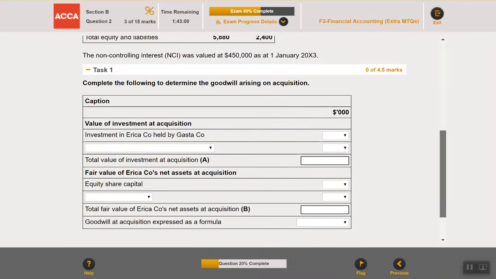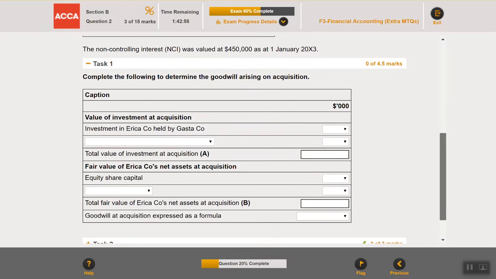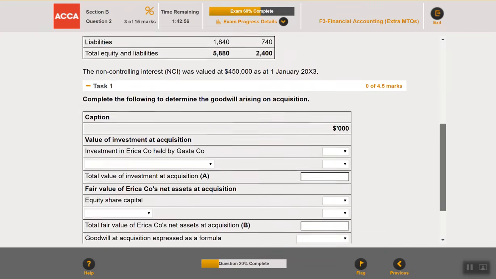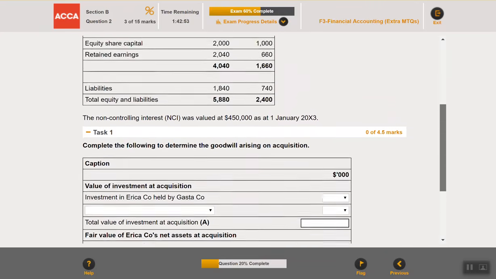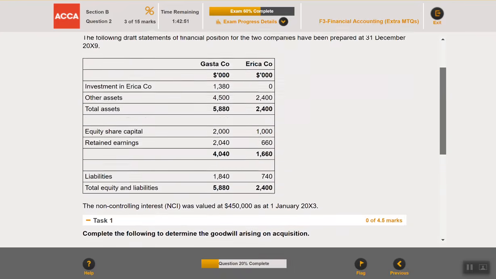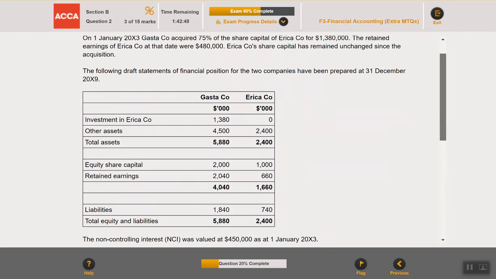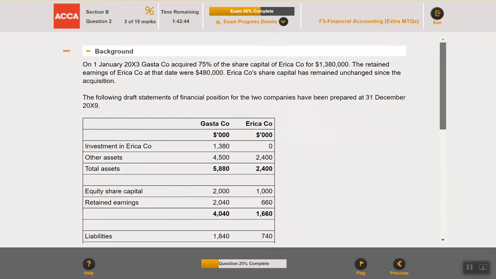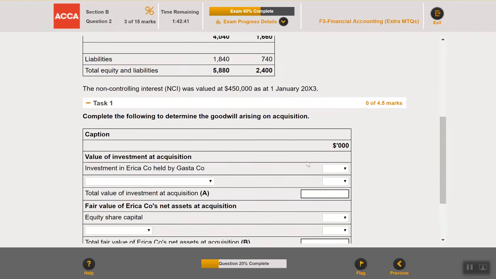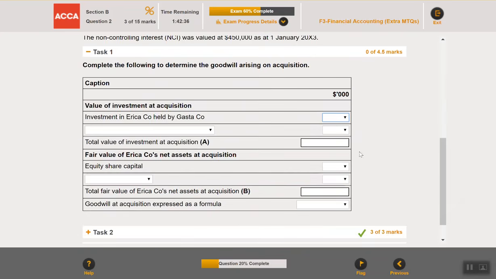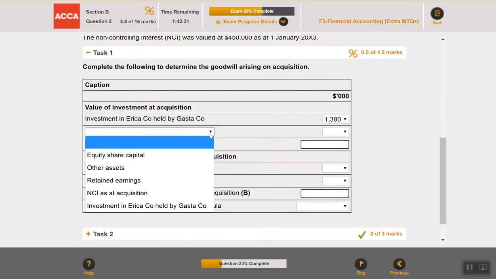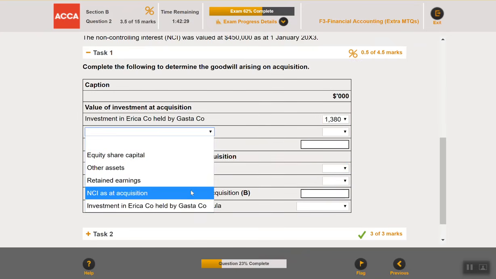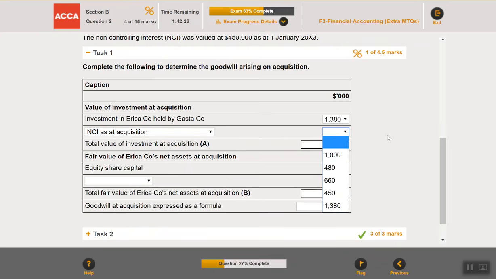Complete the following to determine the goodwill arising on acquisition. Remember, goodwill is the payment of the parent and the fair value of NCI less the fair value of net assets at acquisition. So investment of P, the parent, 1380, and then fair value of NCI at acquisition, which is given above, which is 450.